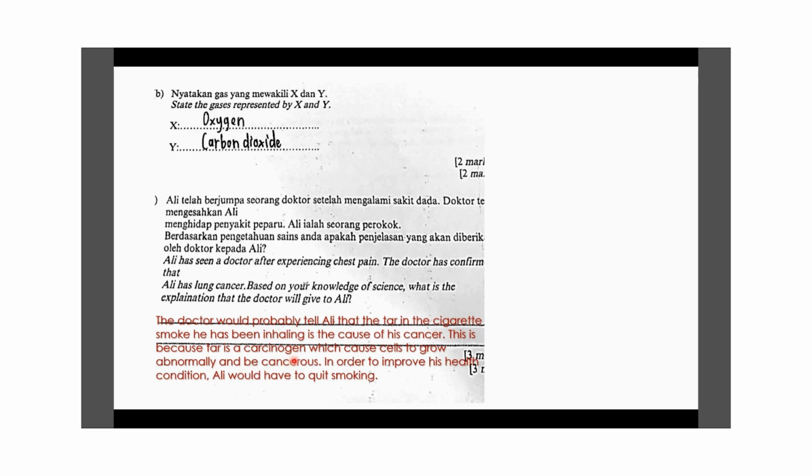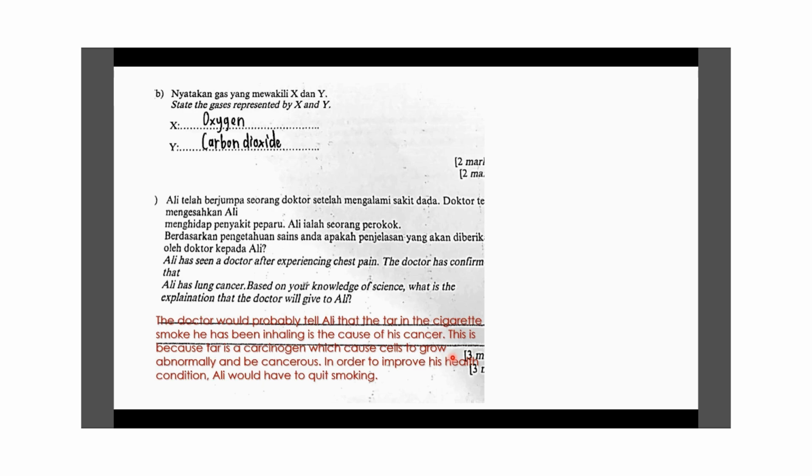So tar is a carcinogen which causes cells to grow abnormally, which is another way of saying it's cancerous, right? So I'm being very clear with what the tar does, and I'm also being very clear to a patient, in non-medical terms, about the meaning of cancer.